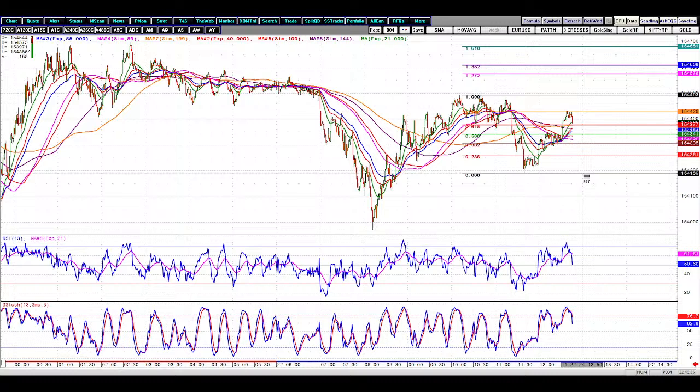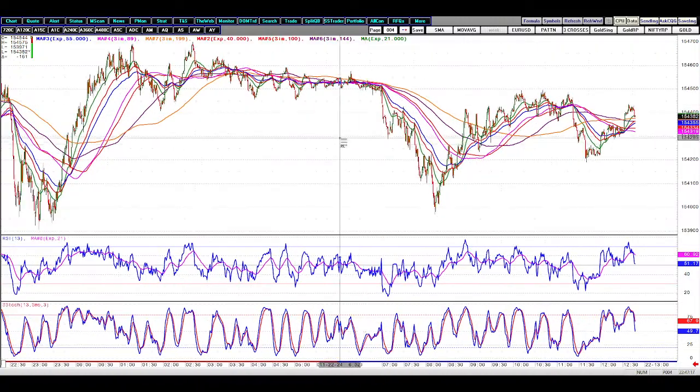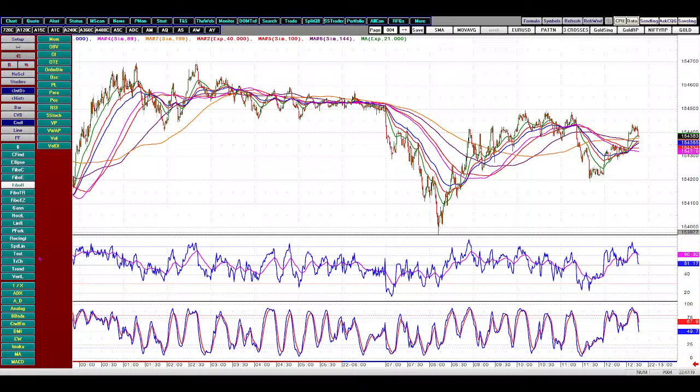Now I think we are seeing the resistance, so we may see the price coming off, but let's see what happens. On the other hand, if 154.30 breaks, we will be in a safe zone, and we need to see the 154.20 break. If it breaks, then we are right, then we should be able to see the price moving south.